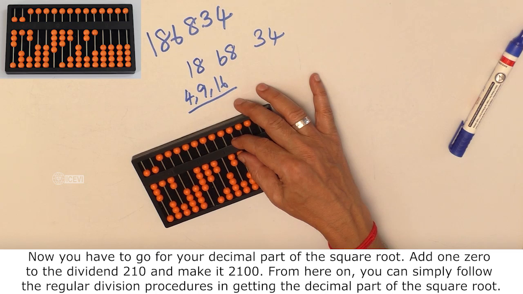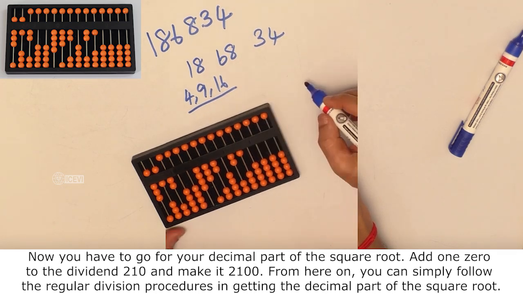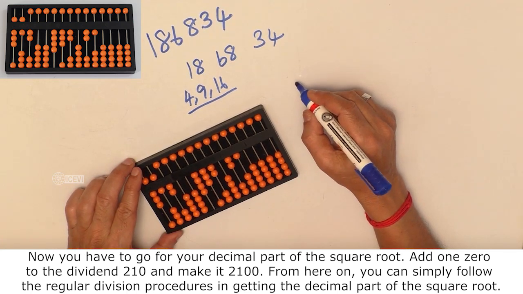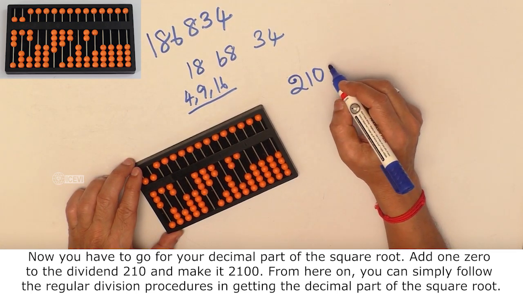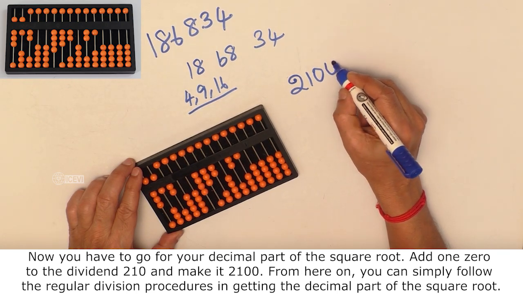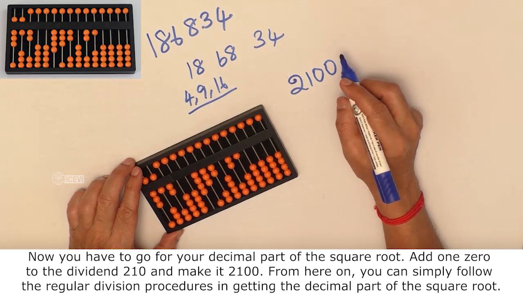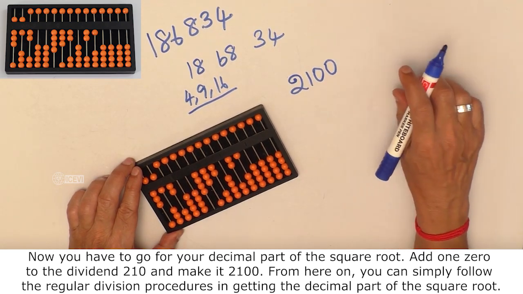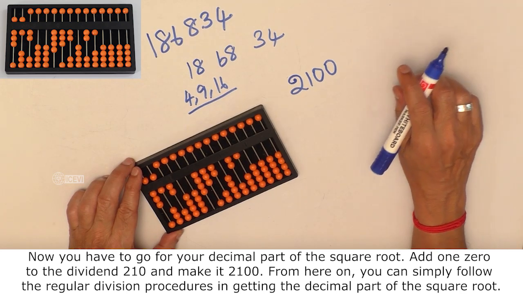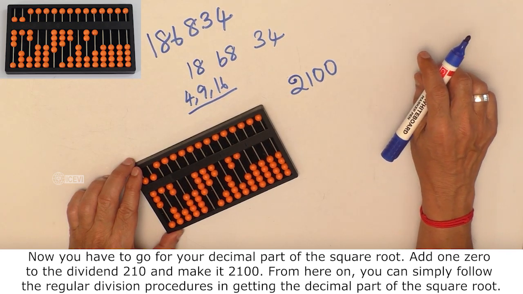Now you have to go for your decimal part of the square root. Add one more 0 to the dividend 210. That will make it 2100. From here on, you can simply follow the regular division procedures in getting the decimal part of the square root.